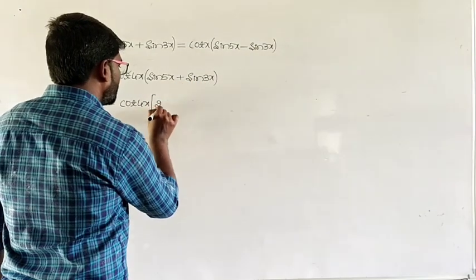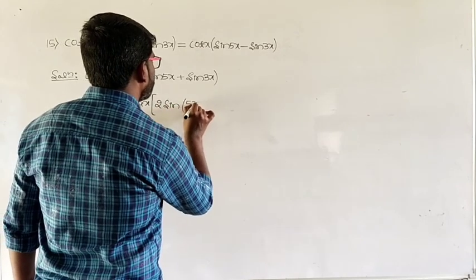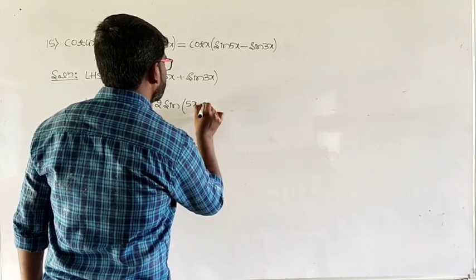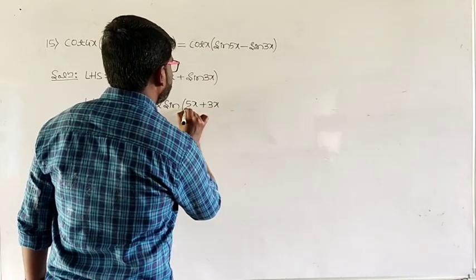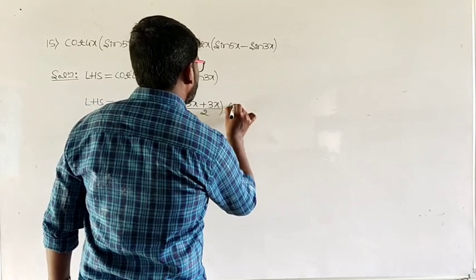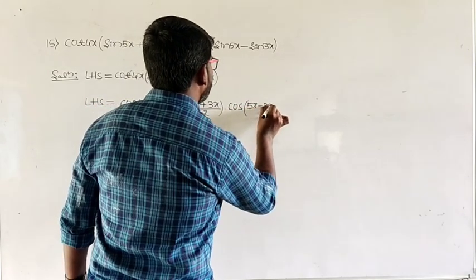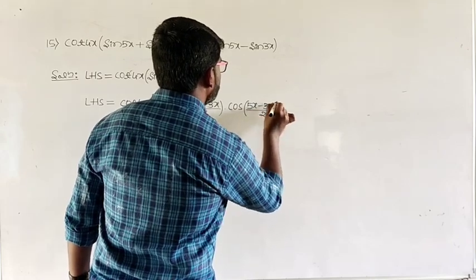That is nothing but 2 sin of x plus y by 2, 5x plus 3x divided by 2, then into cos of 5x minus 3x divided by 2.